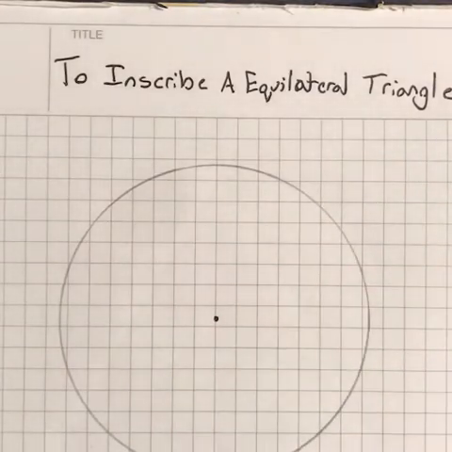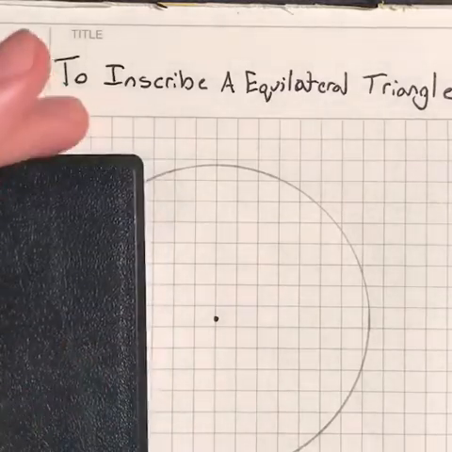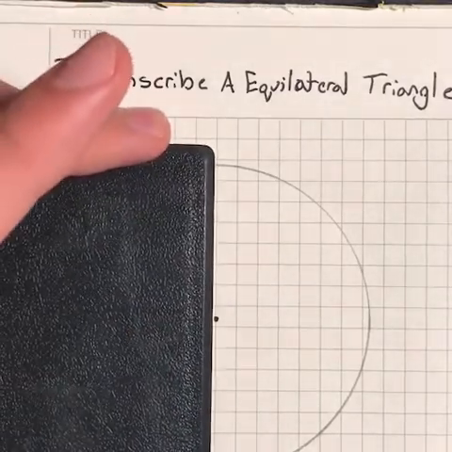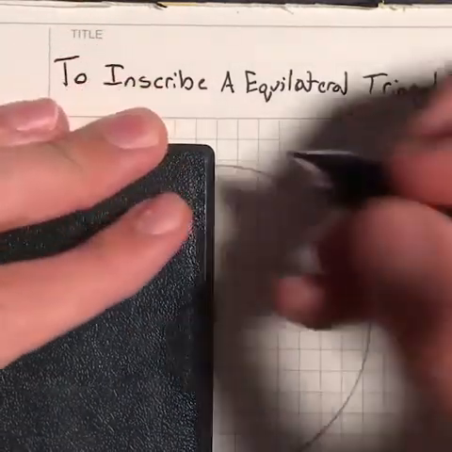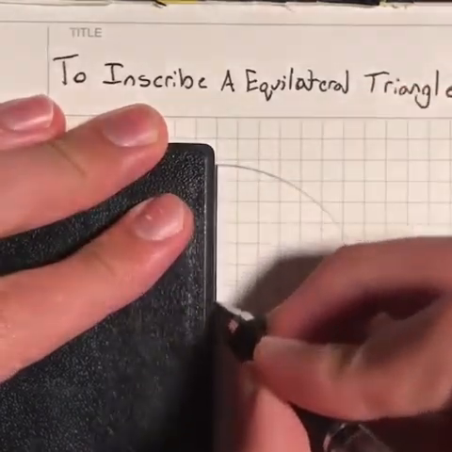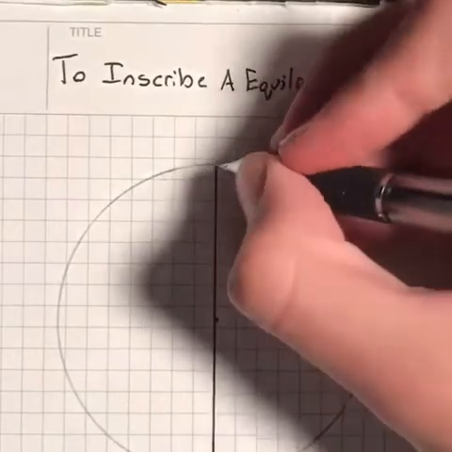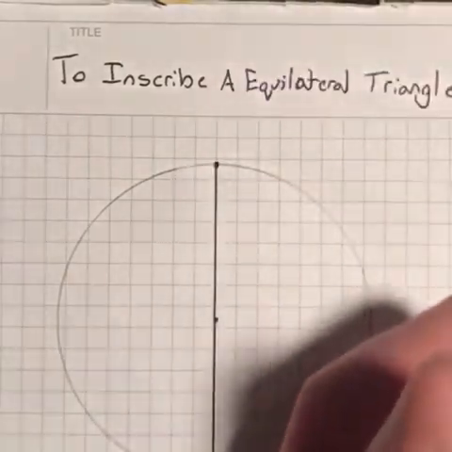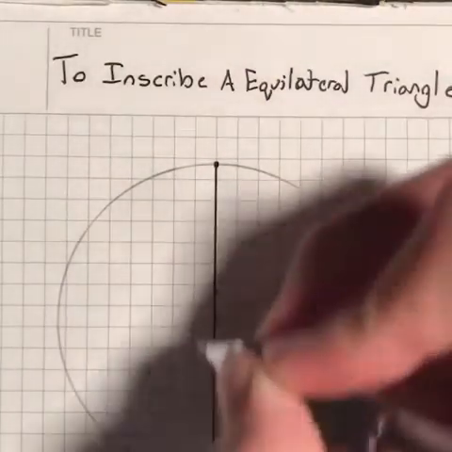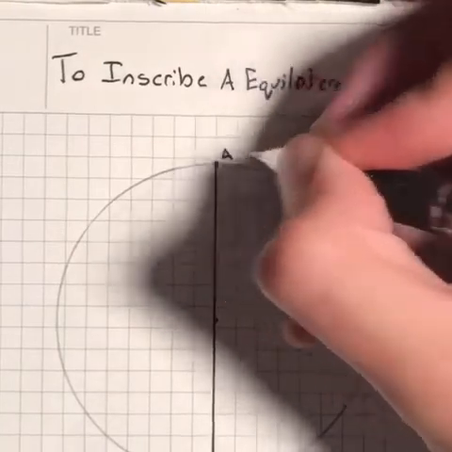Then, using a straight edge, draw the diameter. Mark where the diameter intersects with the circle. Label these points.